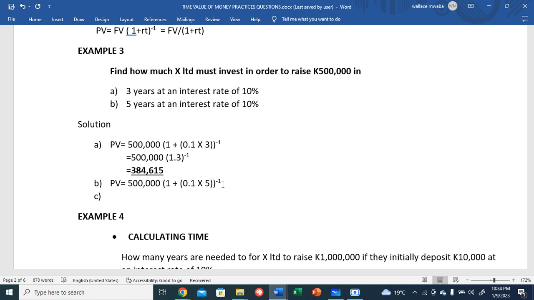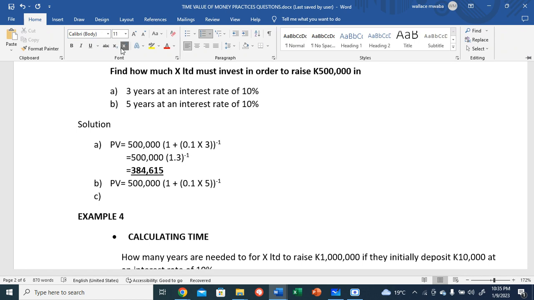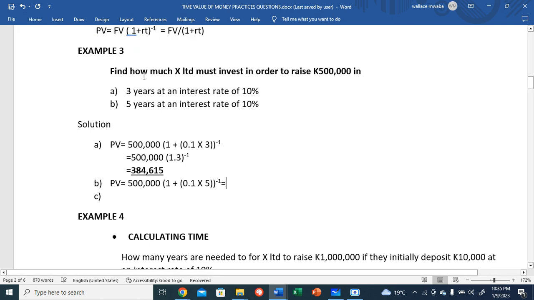1.5 to the power negative 1 is 0.66666. Just leave it to two decimal places. And we multiply that by 500,000. All right, so we're getting 333,333.